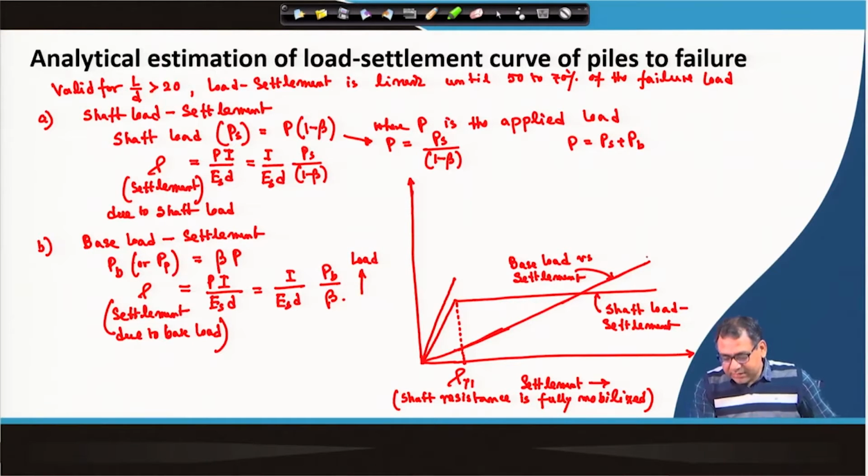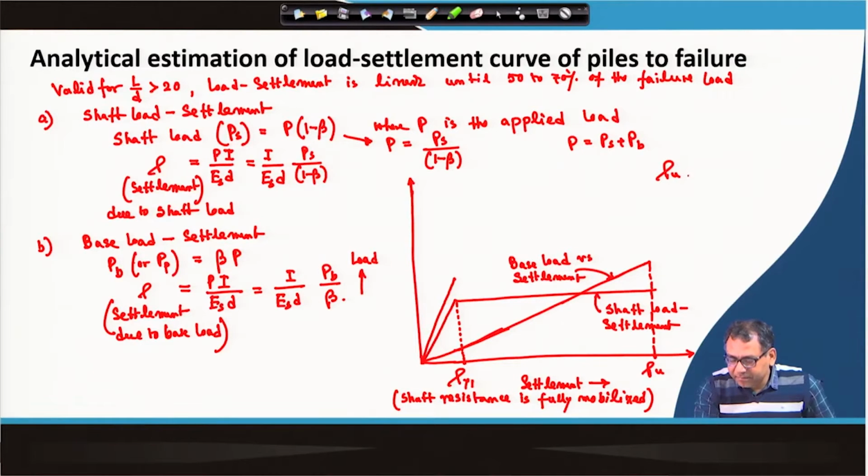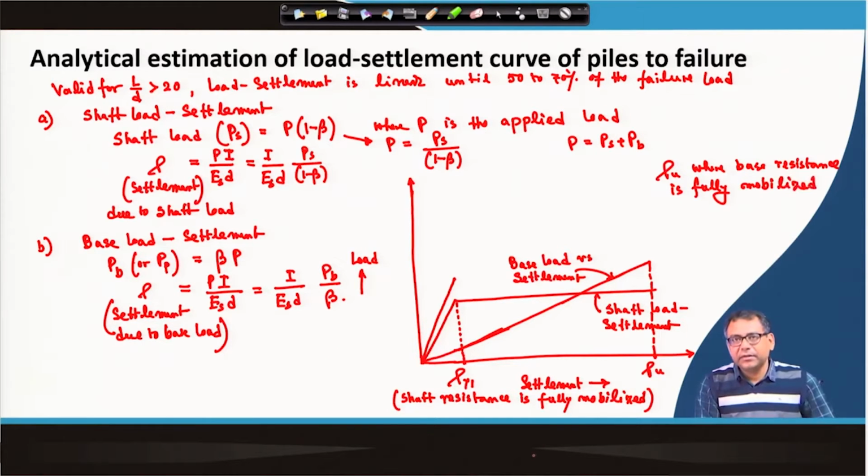So, here also once the base resistance is fully mobilized, at that settlement, say rho u, the base resistance is fully mobilized. So, after that if you change the settlement, there will be no change in the base resistance. So, that also you can draw like this.